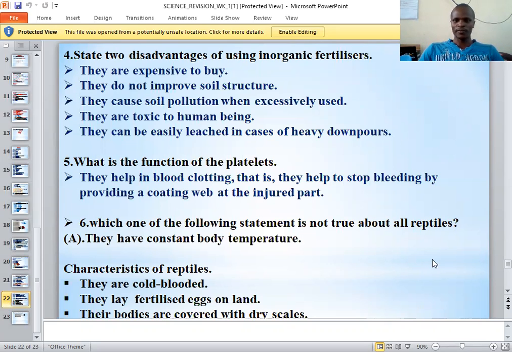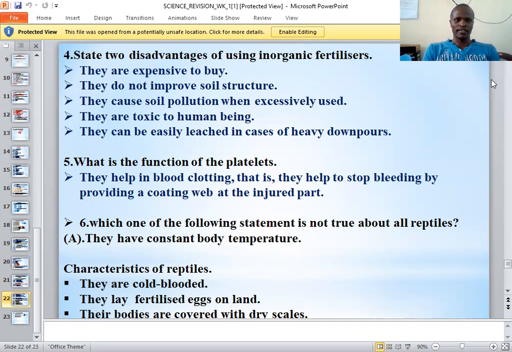Now, these ones are the fertilizer that you buy from the shop. Give 2 disadvantages. Number one, they're expensive to buy, because for you to have them, at least you must spend some money to use in buying this. Some of us may not afford that much amount to buy the required amount of fertilizer, so they may end up not buying it.